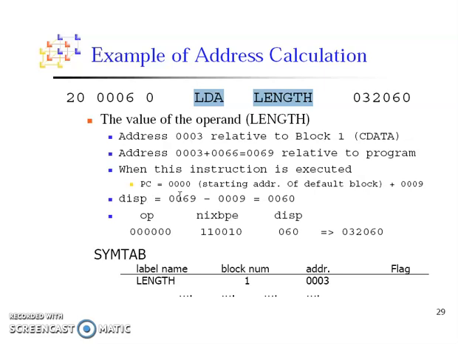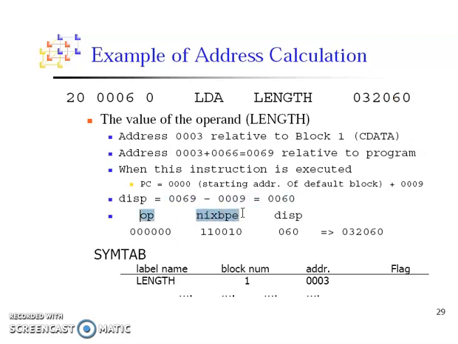So the displacement can be calculated: the target address is 0069 and the PC value is 0009. Taking the difference, the resulting displacement field will be 060.